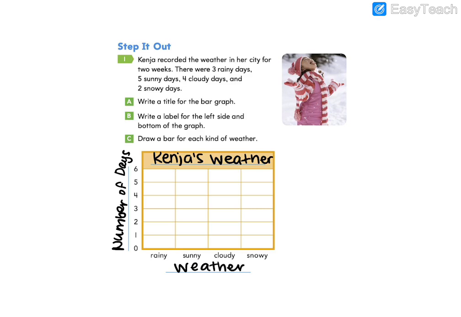Now we'll fill in a bar for each kind of weather. Let's start with rainy days. The problem told us there were 3 rainy days. So we'll find where the 3 is on our number of days and draw a bar.